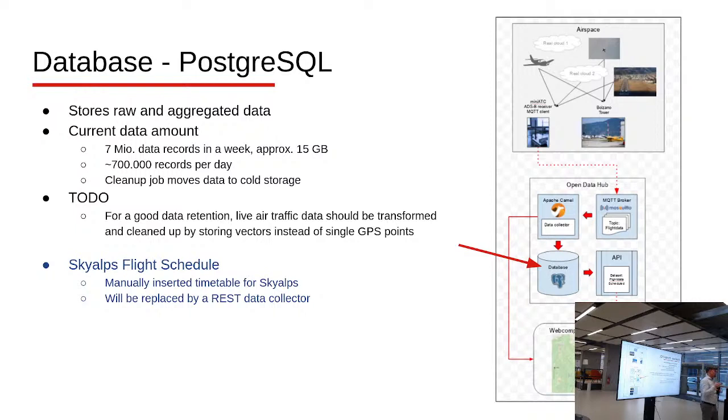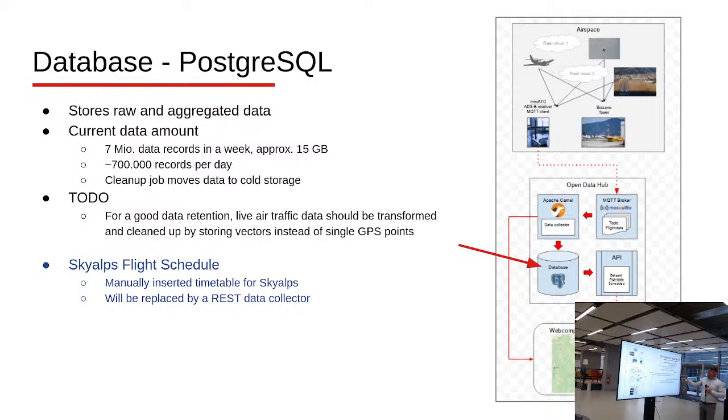Planes in general go pretty straight, they are not making angles in the air. So you can store it as a vector, because at 700 or 800 kilometers per hour or more, if the plane changes its course, you can describe it with a vector, accumulate data, and store much less data without losing anything.